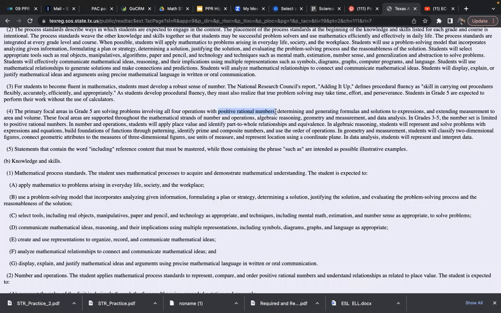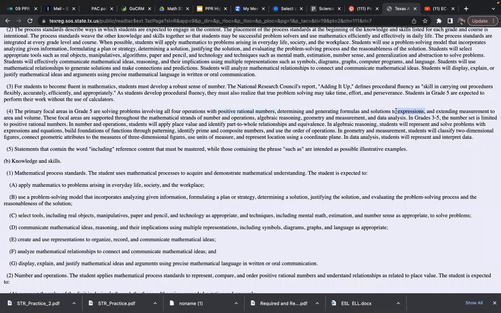In word problems, and determining and generating formulas and solutions to expressions. So they have to determine and generate a formula in order to create a solution. That's all an expression is. It's our problem for the word problems, right?